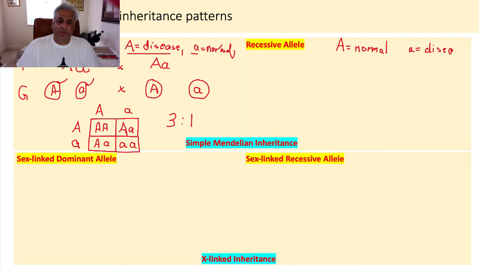And while I'm doing this, you can most probably predict ahead. So again, we're going to start with the heterozygous parents. So big A, small a, multiplied by big A, small a.